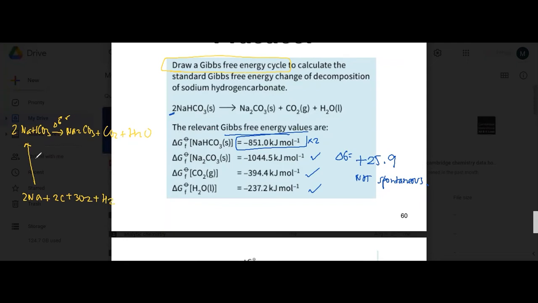This is 2 times delta G_f of NaHCO3. And then we want to form Na2CO3 from Na, C, and O2. We also need to form CO2 from C and O2. We also need to form H2O from H2 and O2. So actually these arrows show us three delta G_f.